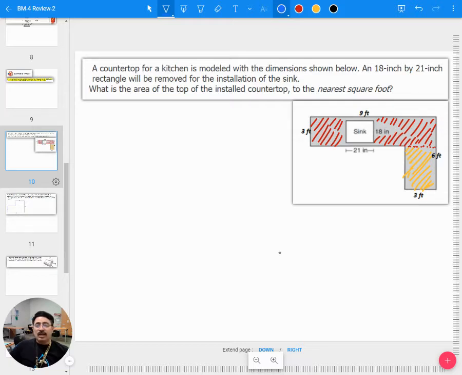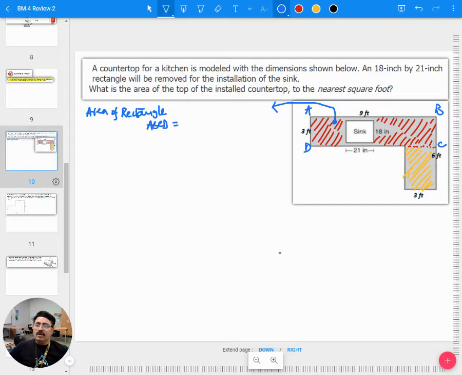So let me label this one as A, B, C, D. This is one rectangle. So let's start finding piece by piece. First of all, let me find the area of rectangle ABCD.